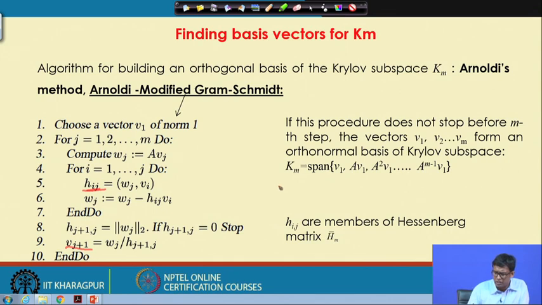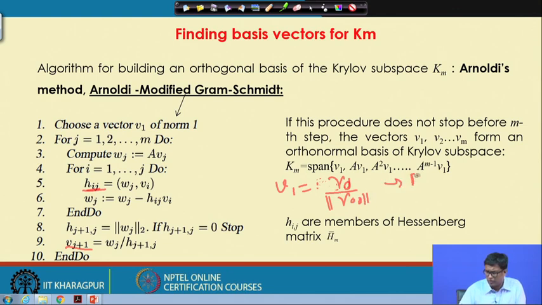You start with V1 equal to R0 by mod R0.